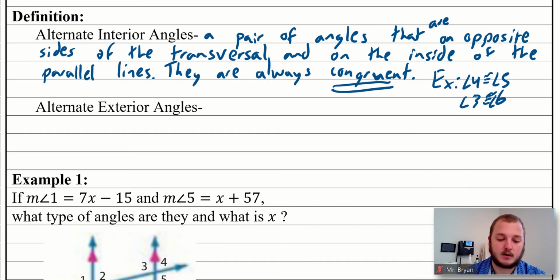Next one here, alternate exterior angles. You can guess what this is going to be as well. If you need to copy different words from the last one, you can do that.